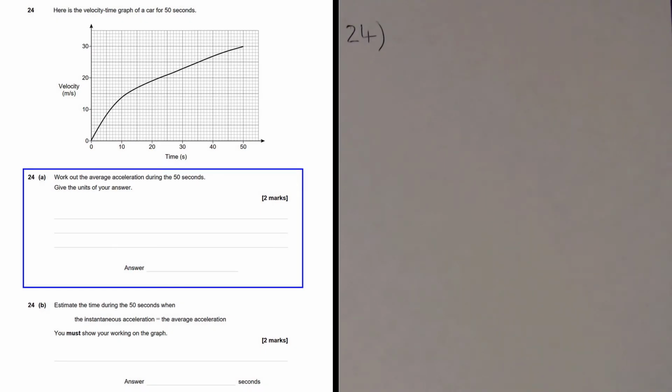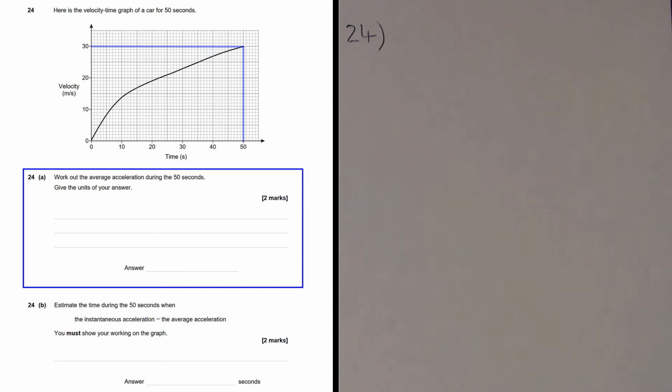In question 24 we are given a velocity-time graph of a car over a 50-second period. In part A, we are asked to work out the average acceleration during the 50 seconds, and we need to give the units of our answer. Well, we can see from the graph quite easily that over the 50 seconds we got up to a velocity of 30 metres per second.